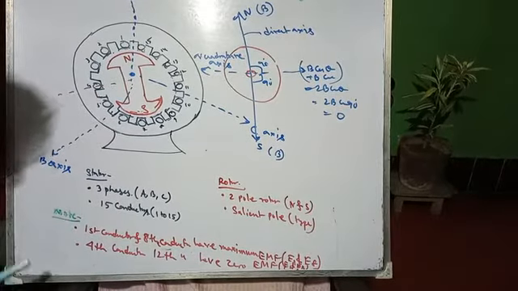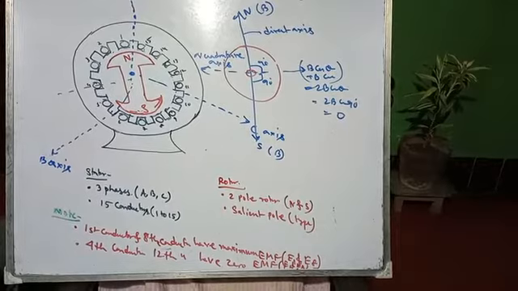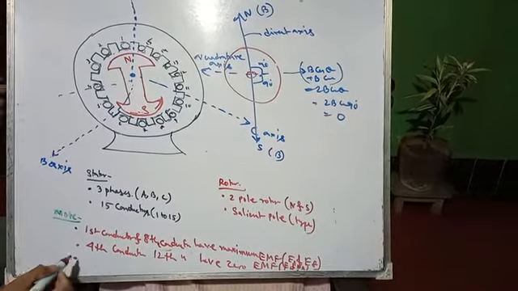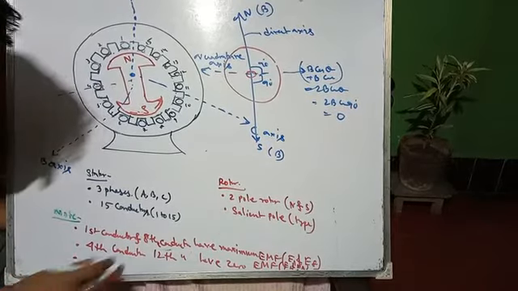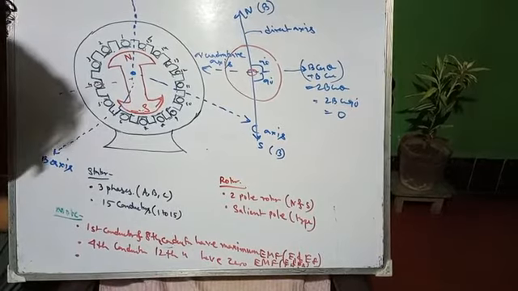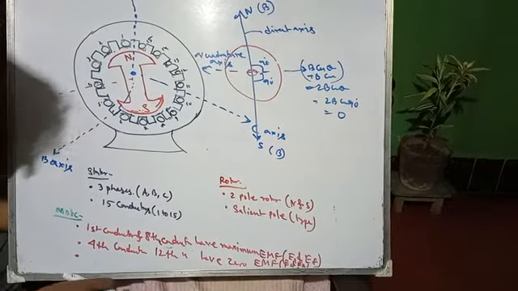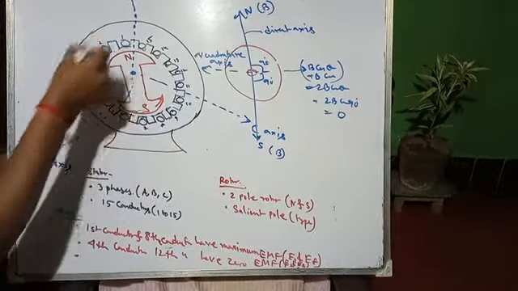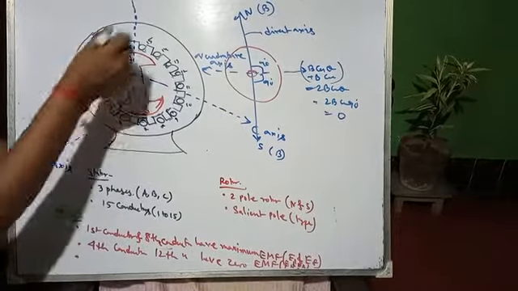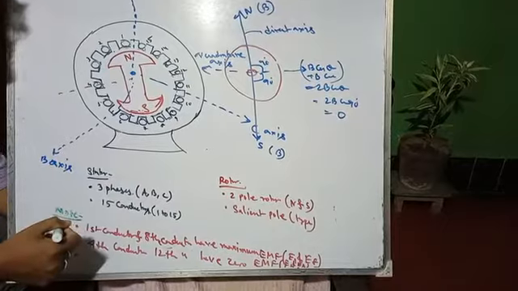Now you have to consider some extra points. The third point of this note: there are 15 conductors, and 2 pi is the periphery of this stator.